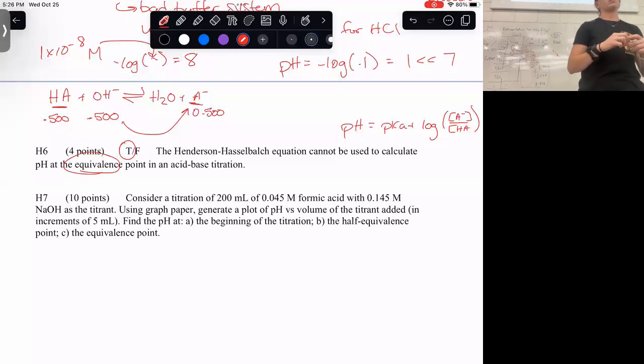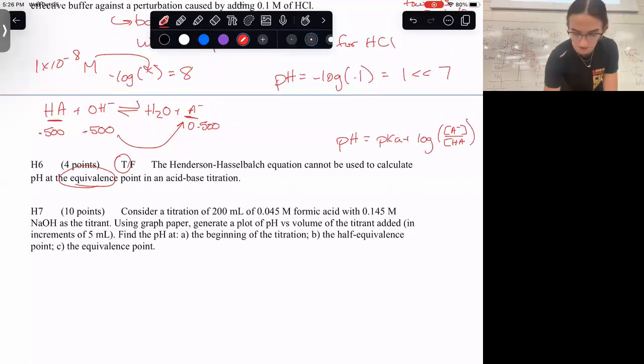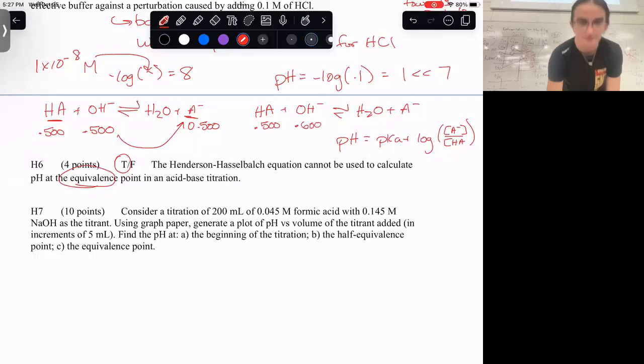And this is why you can't be at equivalence. Beyond the equivalence point, using that same equation, where you have HA and OH minus goes to H2O and A minus, you're now adding more base than acid in this case. So you can have 0.5 of this and 0.6 of this.